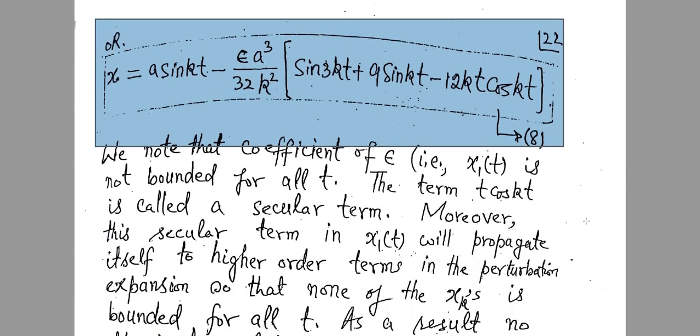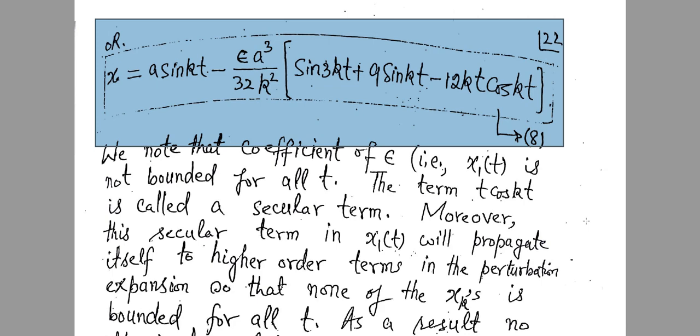As I told you earlier, the difficulty in this solution for us is the secular term, which is the third term with epsilon, minus 12 k t cos kt.